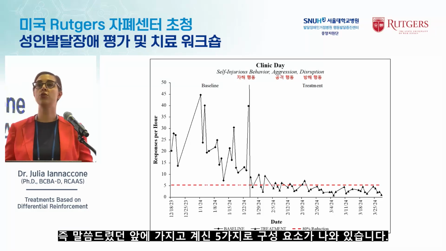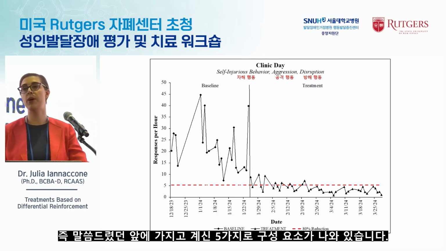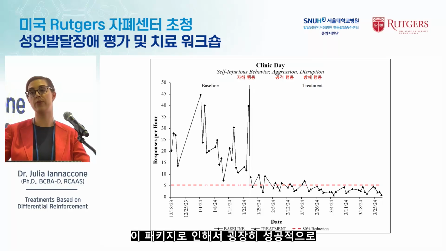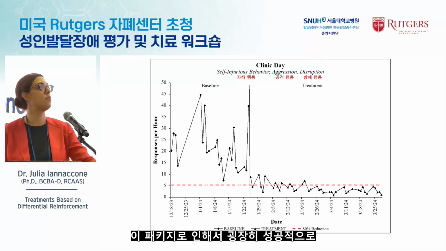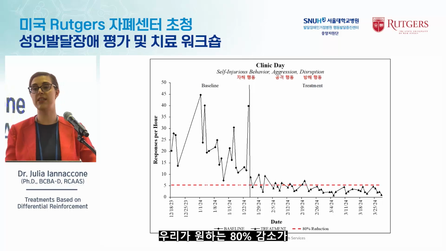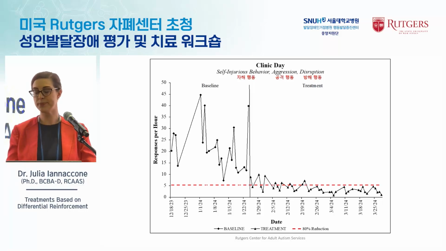Then with his whole treatment package, so that's the 5 components that you guys have in front of you: we have planned ignoring, we have spear prompting, we have the competing stimulus assessment, functional communication training, and the other DRA for the token board, 5 components. And the combination of all 5 of those components did lead to a very successful admission for Bruce. We see that the entire end of his admission, he's having every day under the 80% reduction line, which is exactly what we look for.